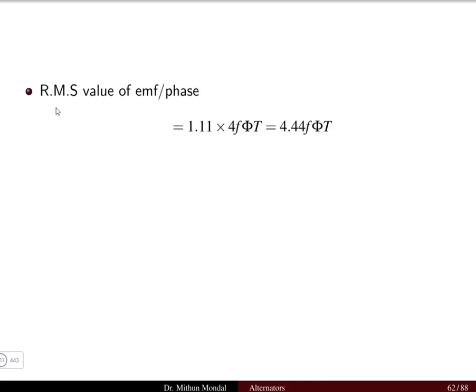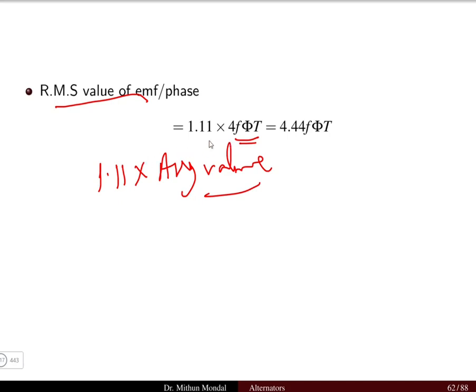The RMS value of the EMF per phase, because we have derived the average value, is 1.11 multiplied by the average value. So multiplying 4FΦT by 1.11, we get the RMS value of the EMF as 4.44 FΦT.